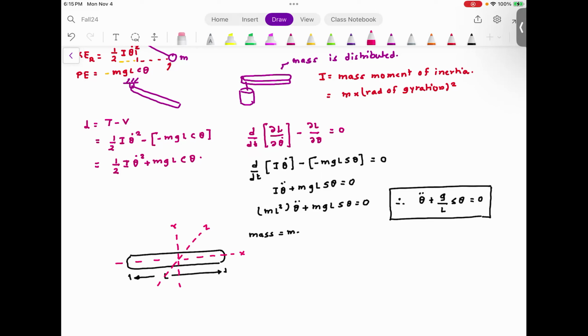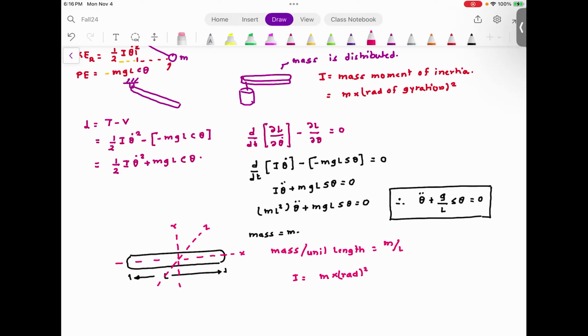Since this mass is distributed over a length of L, the mass per unit length is M by L. Mass moment of inertia, the value of I, is given as mass multiplied by the radius of gyration squared.